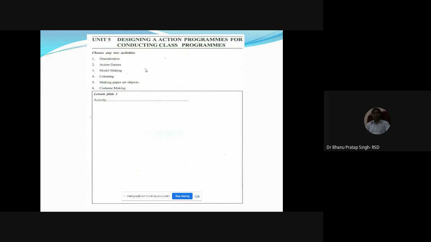Means by these activities you have to prepare a lesson plan and act accordingly in the classroom and write the outcomes of what you have observed, the changing behavior and the development of the child. So from these six activities you have to choose two activities as far as Unit 5 is concerned.